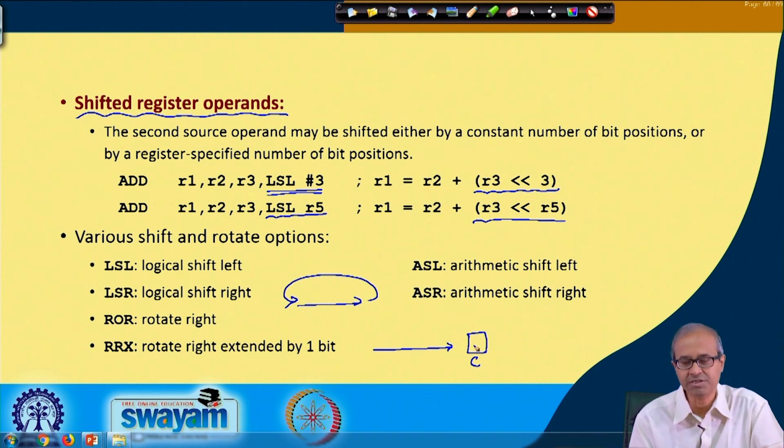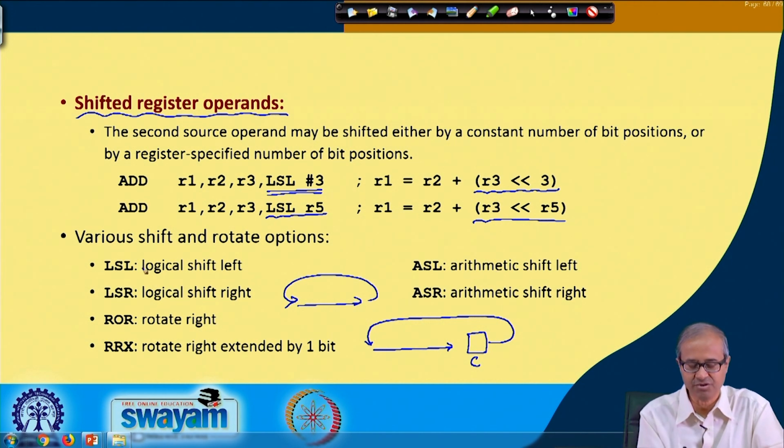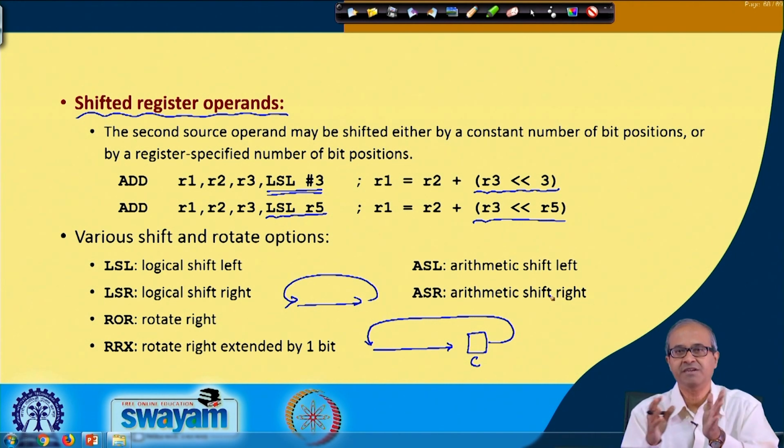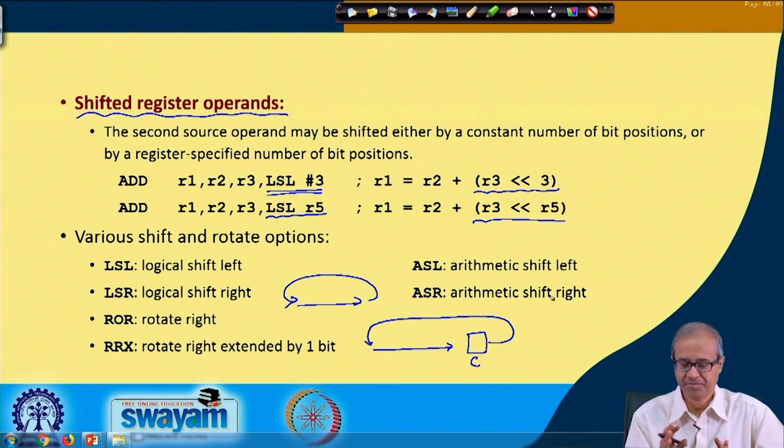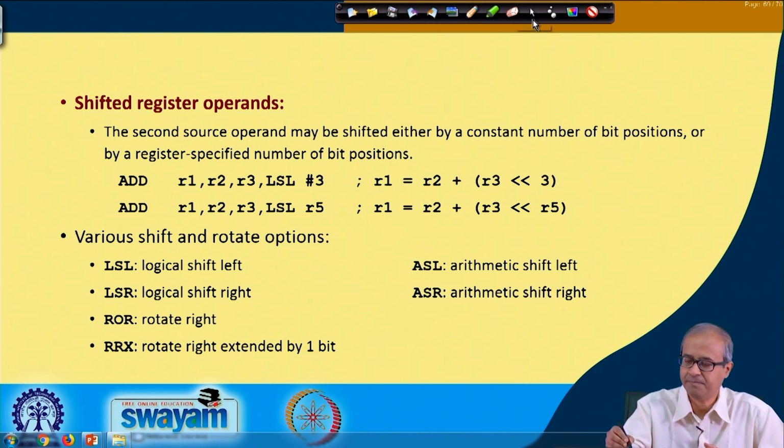This bit will go into this carry flag and the carry flag will get rotated in it. That is why this is something like a 33 bit rotation. This is called extended by 1 bit. And arithmetic shift left is same as logical shift left, no difference. And arithmetic shift right means if it is a negative number, when you shift right, 1 will be added to the most significant bit side. If it is a positive number, 0 will be added. These are the various options.